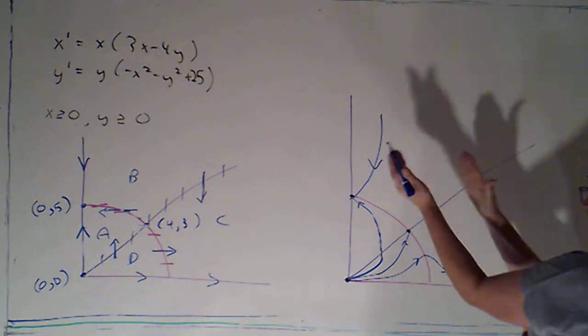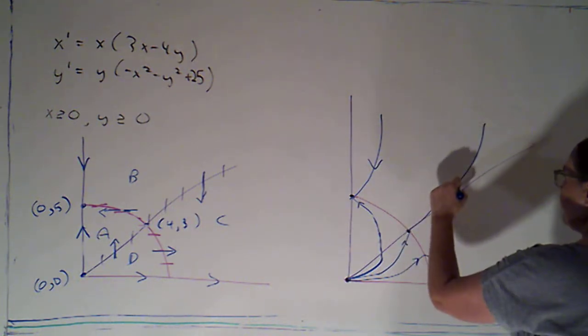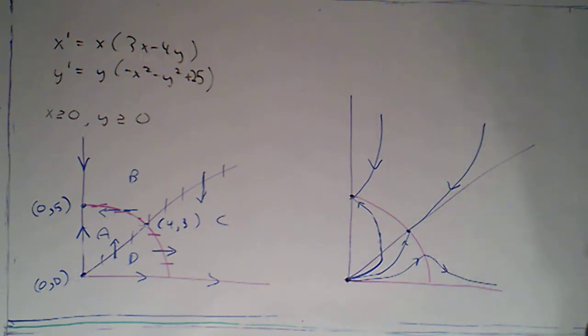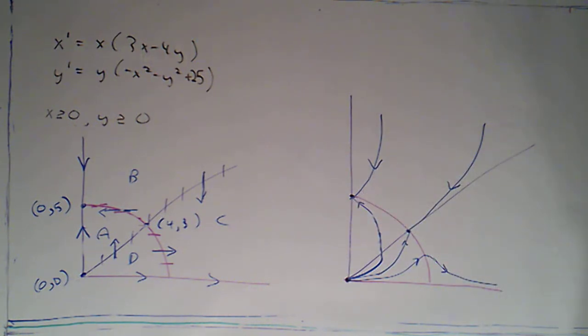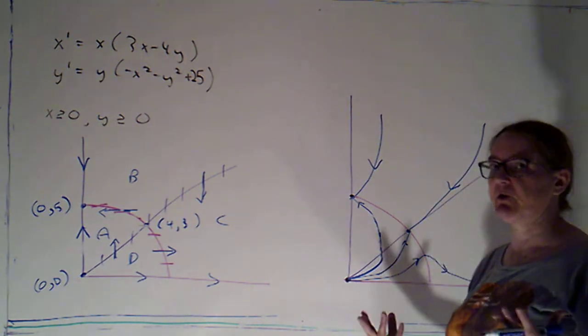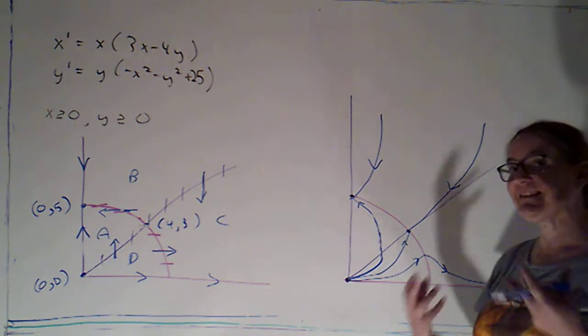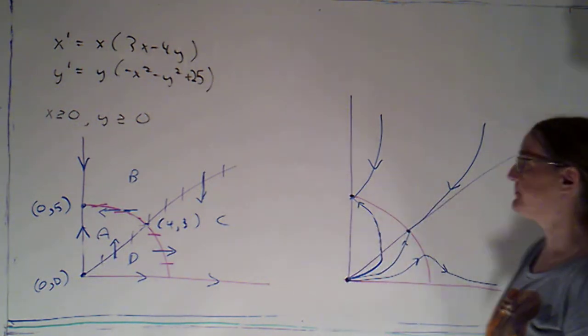Yeah, I just have to start far enough over to the right that going down and left, I can approach this point. So it looks like I could approach either of those equilibrium solutions. Now, I don't necessarily know that all of these possible behaviors happen. I'm just saying this is what is possible based on the null lines.